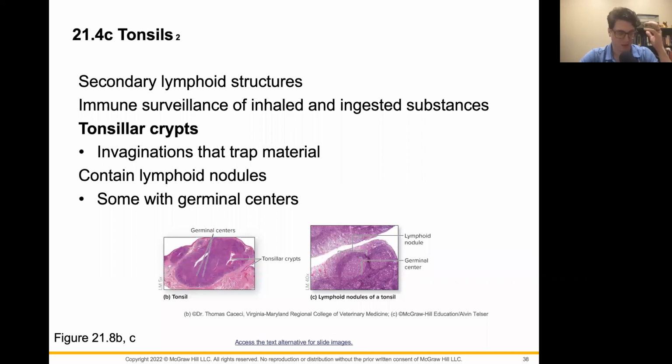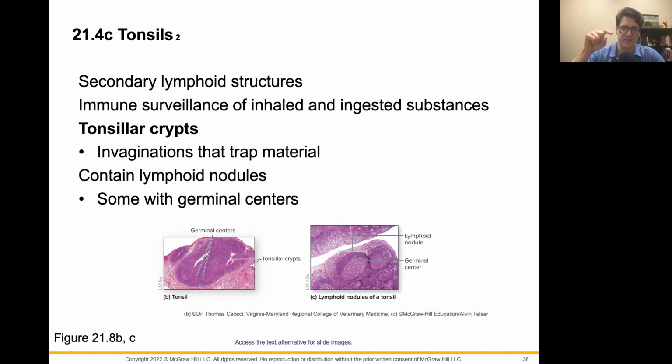Primarily, though, we are worried about breathing in stuff. So whether it's someone coughs in your face and you breathe in their breath, or even just simply eating food and drink, as that stuff gets ingested into the body, we want to make sure that there's nothing particularly bad in there. Now, to help with that, we have a whole bunch of little divots and gaps on our tonsils.